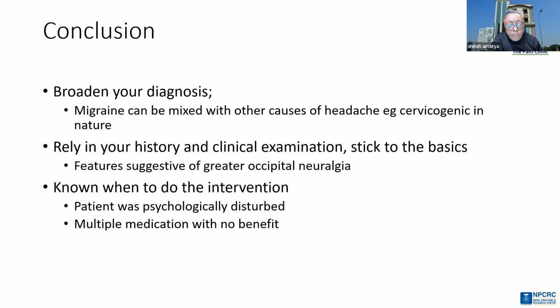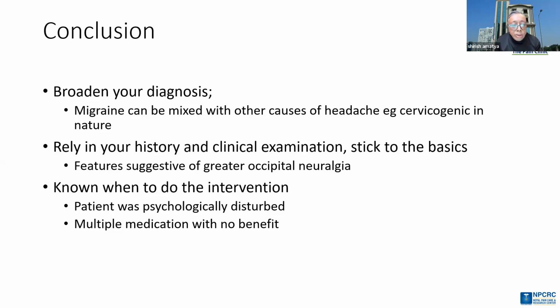And on palpation also, he had tenderness in the greater occipital region, and the palpation of the greater occipital nerve was reproducing a similar kind of pain that he was having. So this history and clinical examination suggests that it was greater occipital neuralgia. And with this injection only, he is completely pain free.